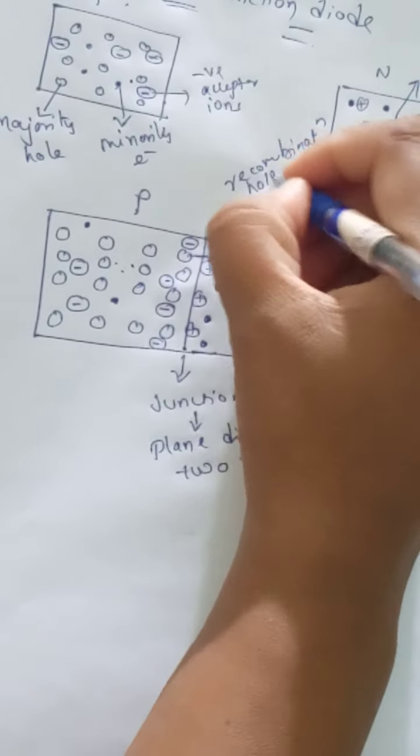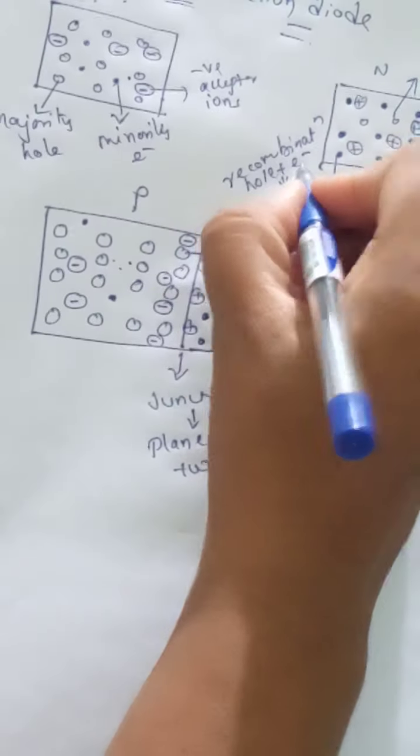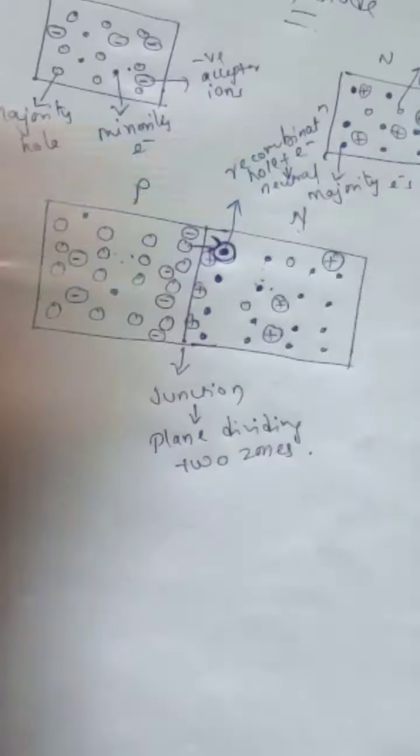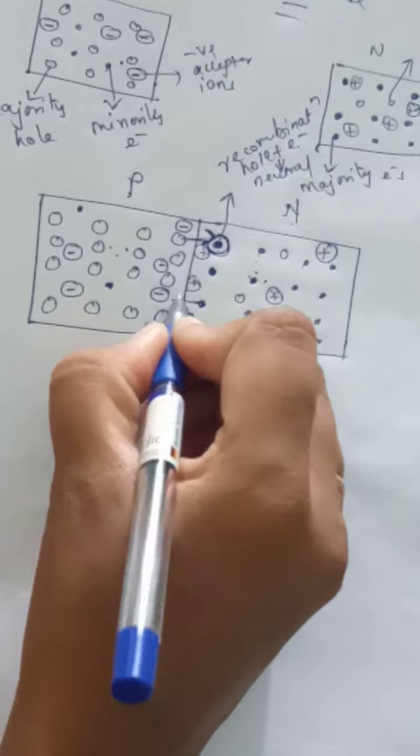When hole and electron, that is positive and negative charges, combine, they become neutral.